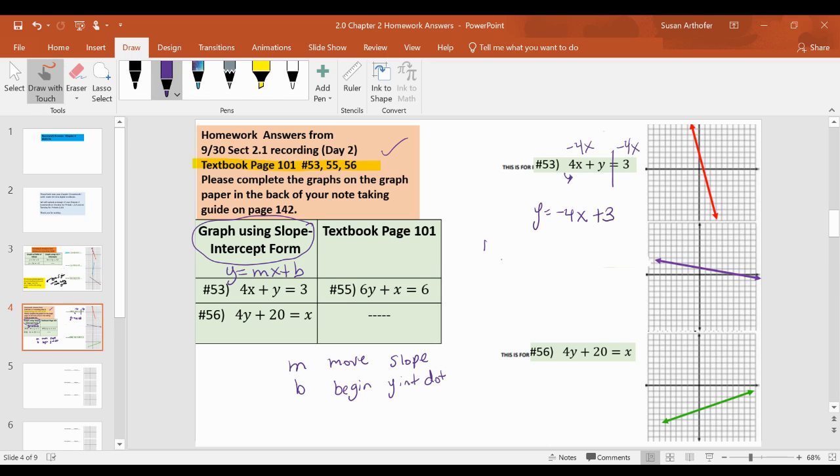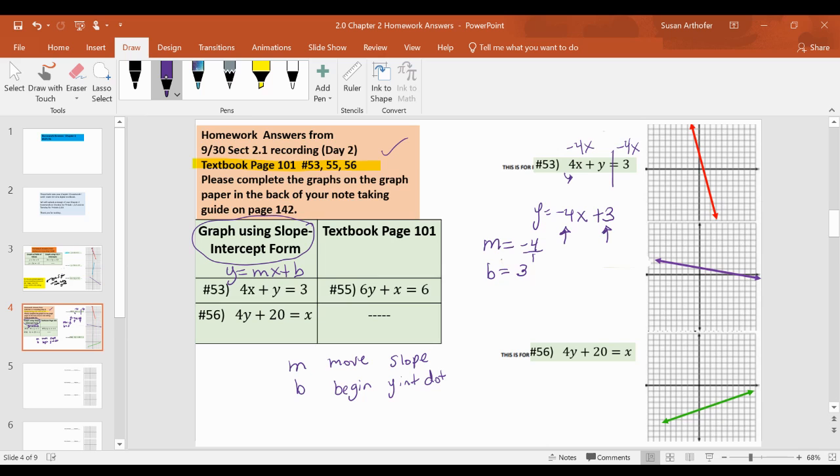So your m is equal to this number, that's negative 4, and your b is equal to this number, that would be 3.